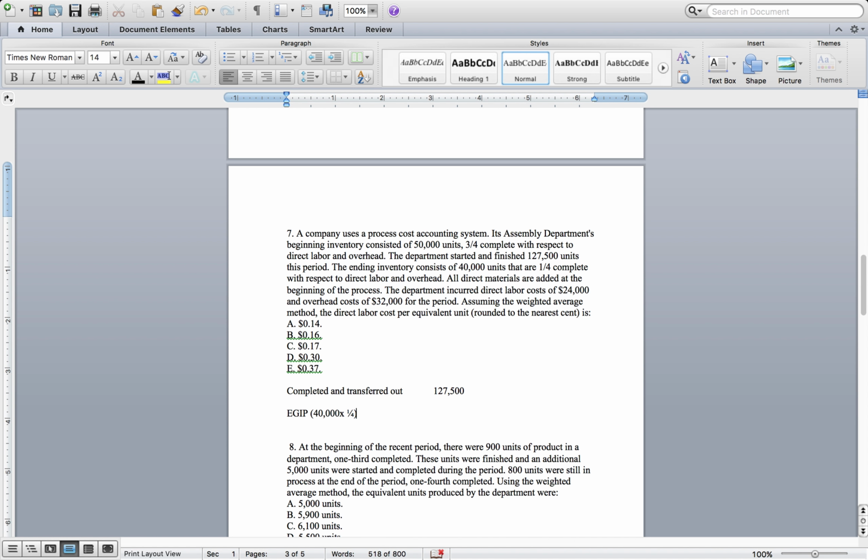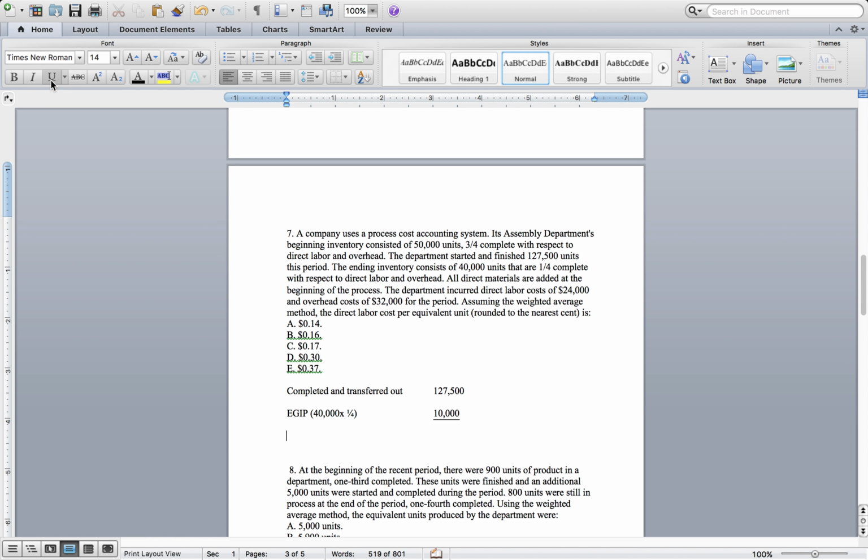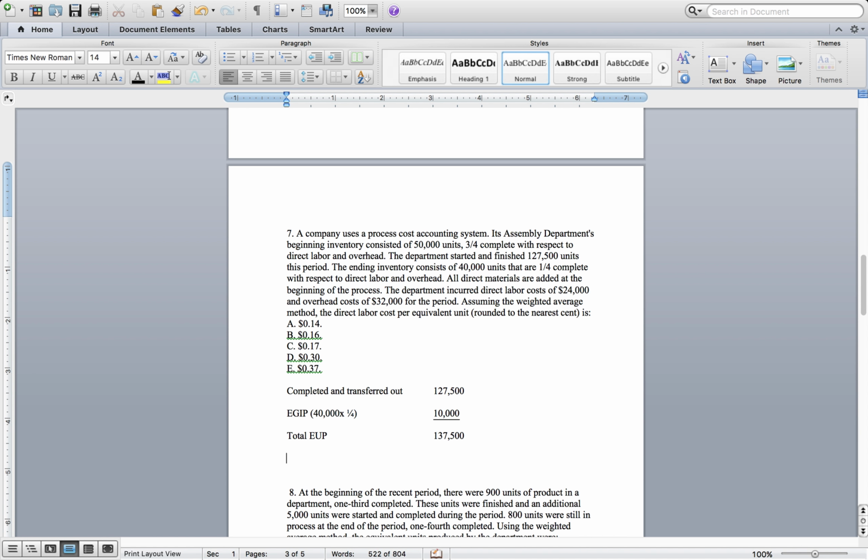The reason it's 1/4 is because it says 3/4 is complete, so 1/4 is not complete and is still in process. So that'll be 10,000 you want to add to it. This will give you the total equivalent units of production. When you add them up, that'll be 137,500. And the last part, take your cost and divide by your equivalent units of production.